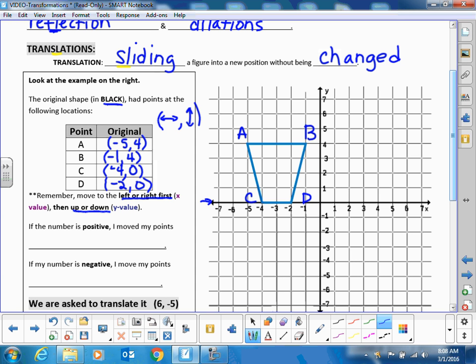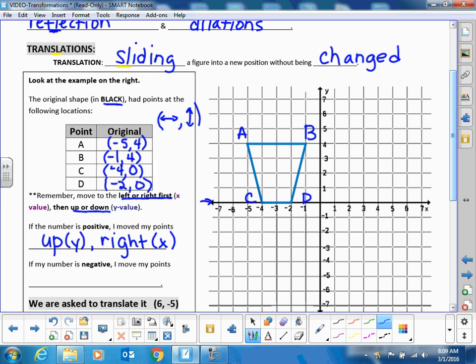Now, when you're sliding, if your number is positive, then you're either going to move it up for the y, or move it right for the x. So if they give you a positive point, and sometimes they say move +4 units, or they'll say move right 4 units.